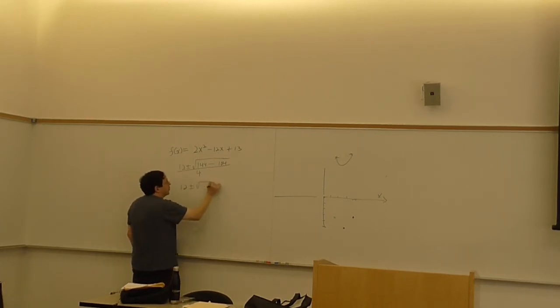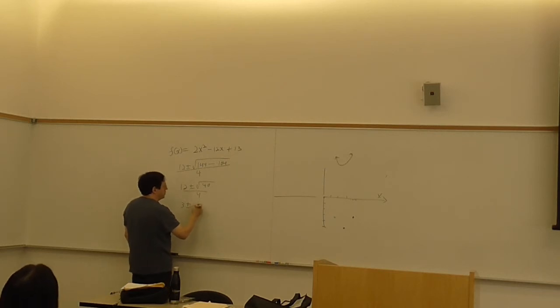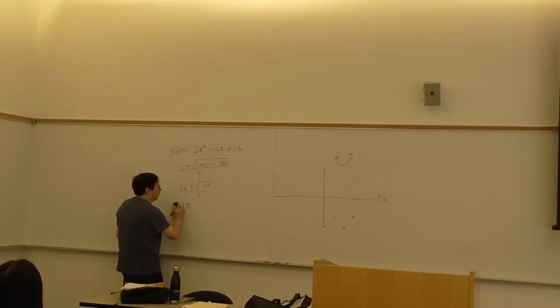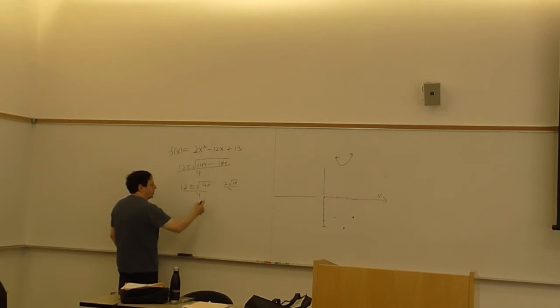Well, 12 plus or minus the square root of 40 over 4, or 3 plus or minus, let's work on the square root of 40 over 4 first. That's 2 times the square root of 10 over 4. I think that's about all we're going to squeeze out of it. So it's 3 plus or minus square root of 10 over 2.